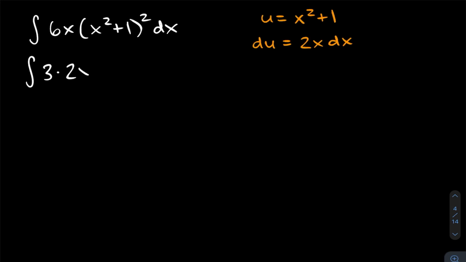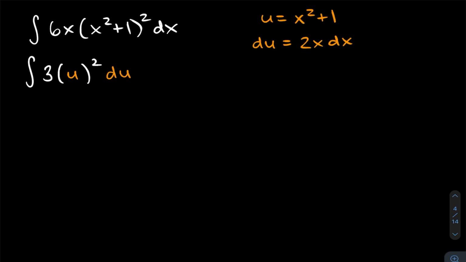Hopefully you can see that, right? And so this ends up being 3 times something squared. That's going to be the x squared plus 1, which we are now calling u. And then this 2x, the 2 that we're taking from the 6, the x and the dx are going to become du.